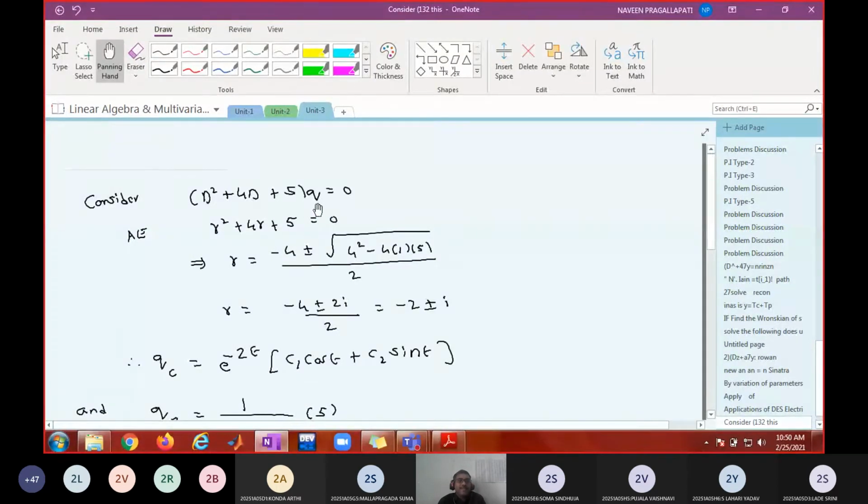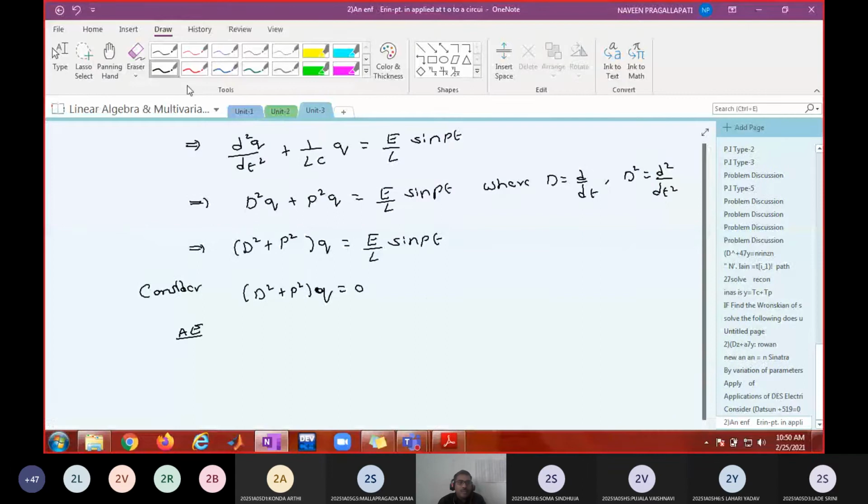Did you all make this correction? Okay, this is q. There is no y at all in this problem, so this has to be q.